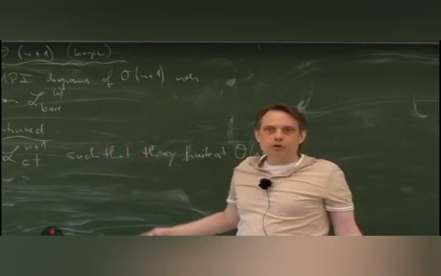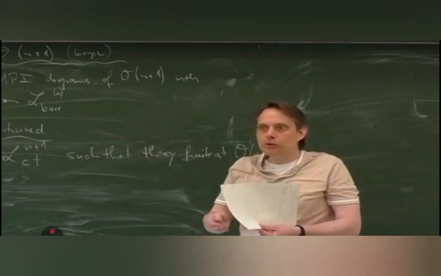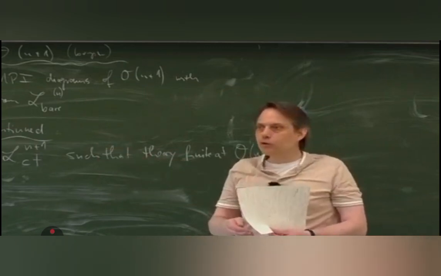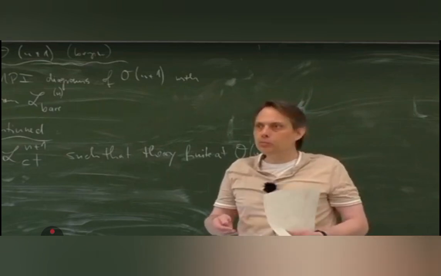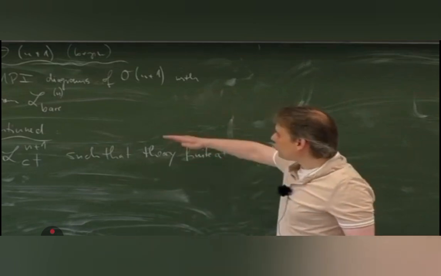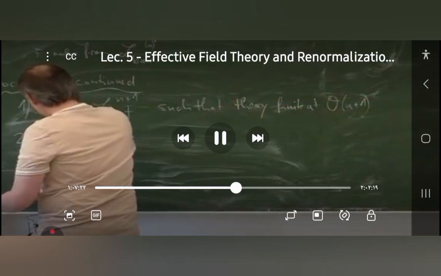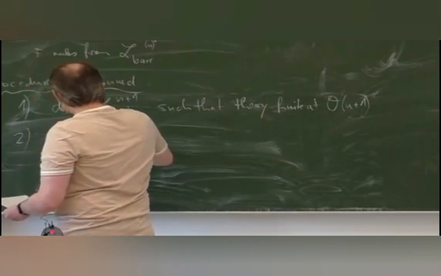And actually, you cannot really separate very unambiguously between divergent and finite contributions, because what is divergent and what is finite depends on the regularization method that you choose. So typically, simultaneously with this, you also add finite counterterms if required, and normally this is required.